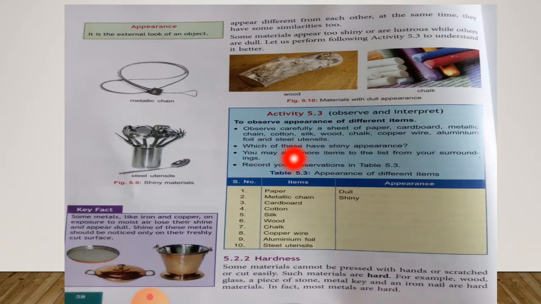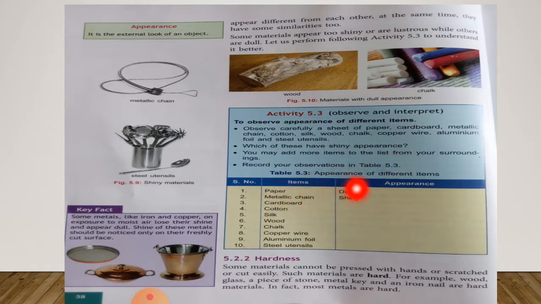Which of these have shiny appearance? You may add more items to the list from your surrounding. So, in this list, you can add some more items from your surrounding. Now, record your observation in table 5.3.